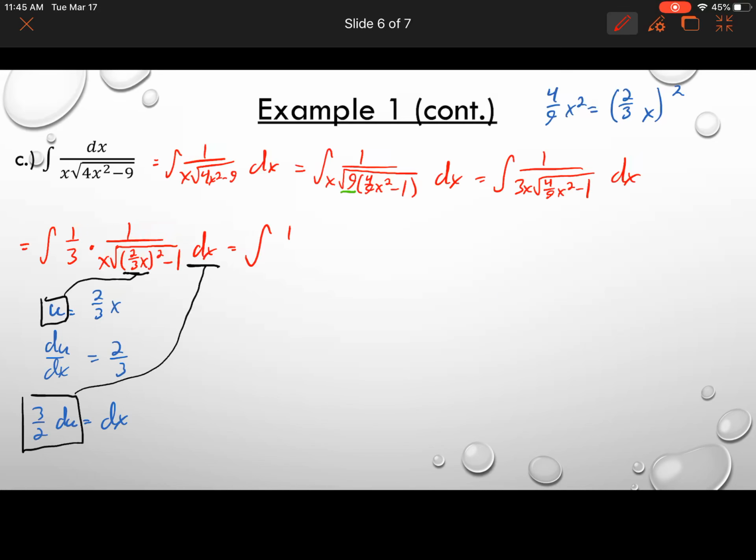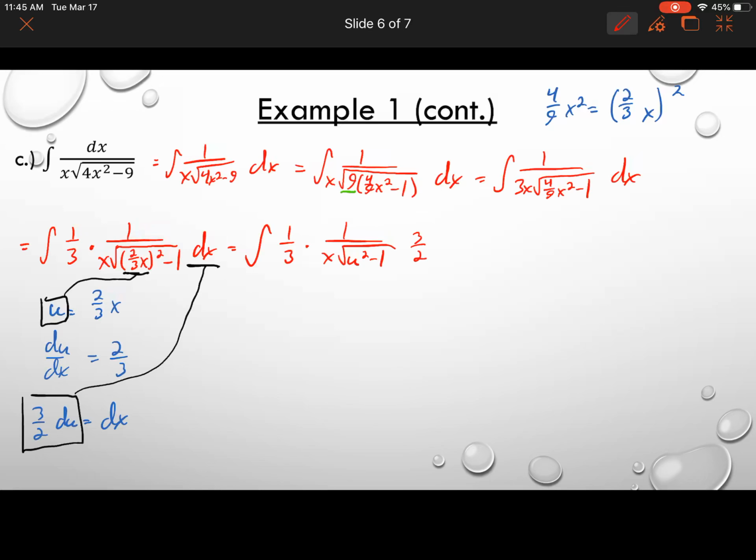So let's rewrite this. 1/3 times 1 over x radical u squared minus 1. What else? What am I missing here? dx.